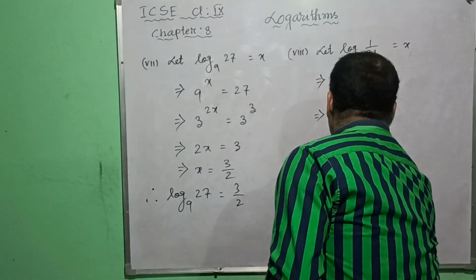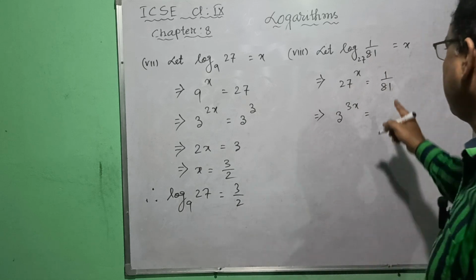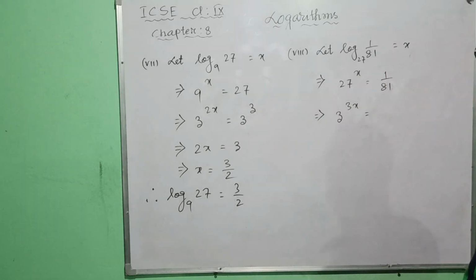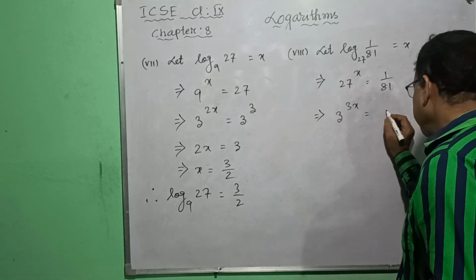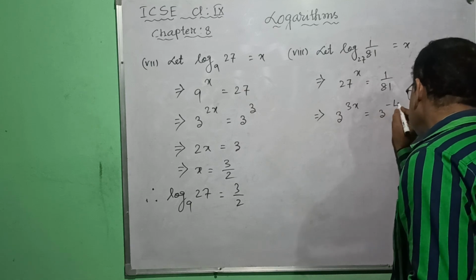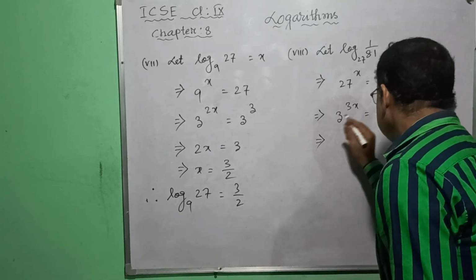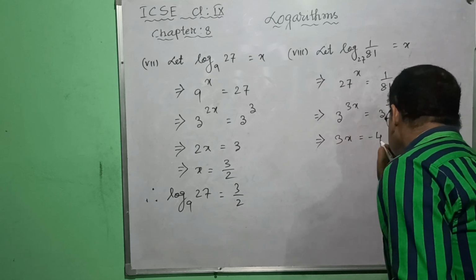So here will be 3 to the power 3x, and 1 by 81 we can write as 1 by 3 to the power 4. So 1 by 3 to the power 4 means 3 to the power minus 4. This implies, by comparing, we get 3x equal to minus 4.